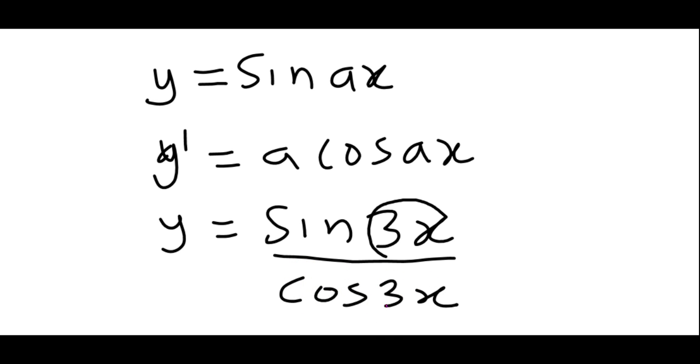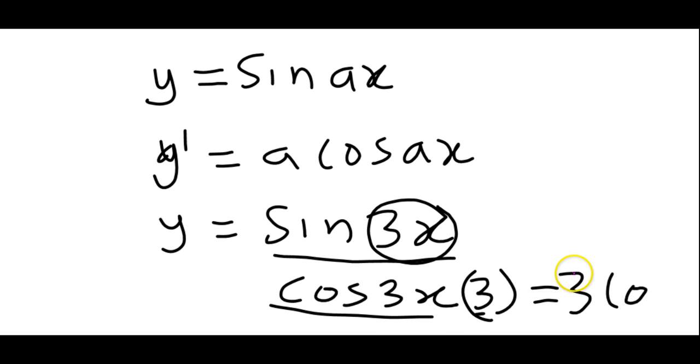And this is a function on its own, so I will differentiate that function, which will give me 3. In a nutshell, I'm going to get a 3 multiplying the whole of this as 3 cos 3x. And that is what the theorem is saying. I think that's very cool.